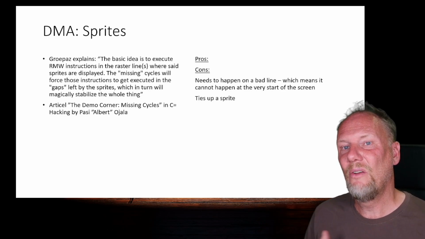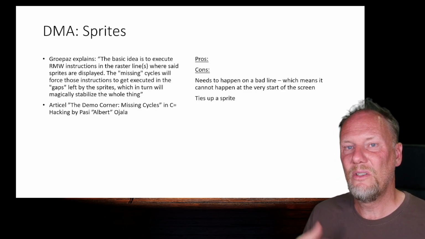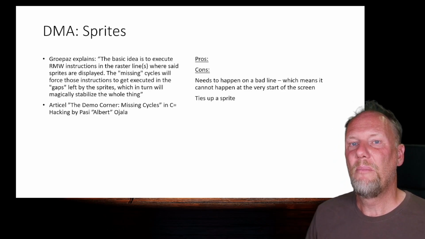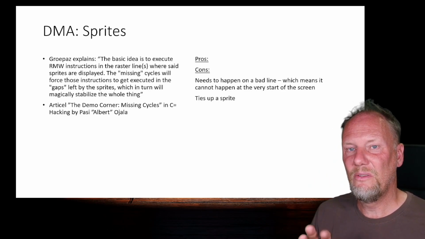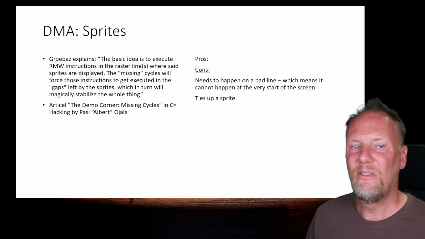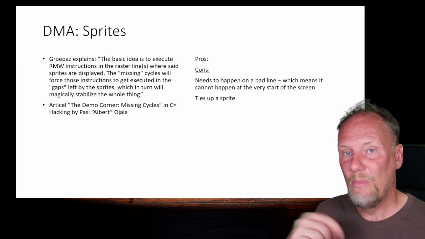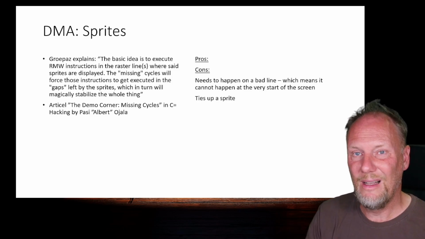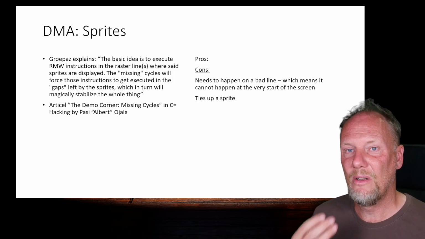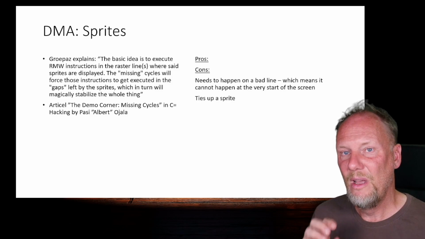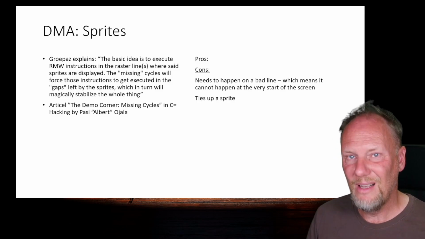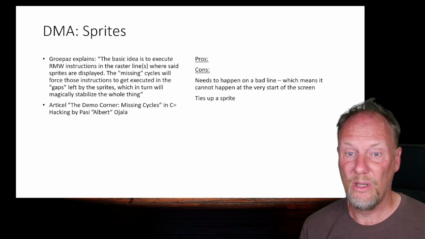It is allowed to conclude the instruction it is running, but it has 3 cycles. So this can consume up to 3 cycles of jitter. You need to ensure that your main routine doesn't jitter more than 3 cycles, but if your main routine is just a jump to itself, that is a theoretical maximum of 3 cycles. So if your main routine is a jump to itself, then this one could work.